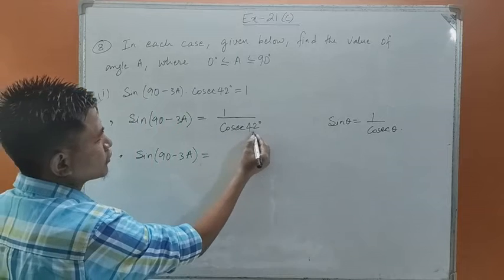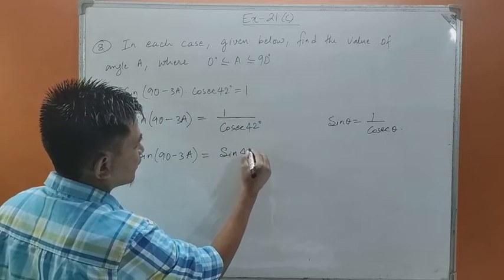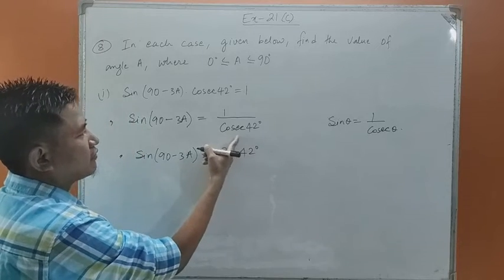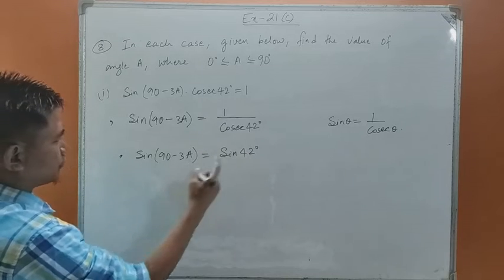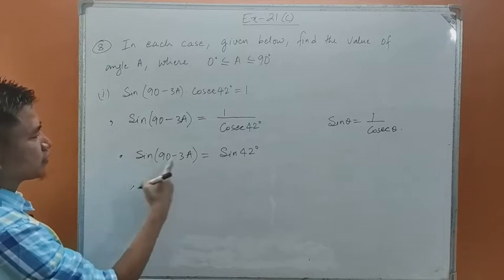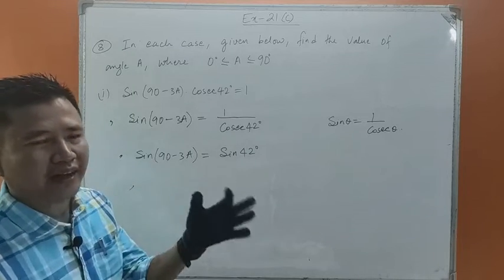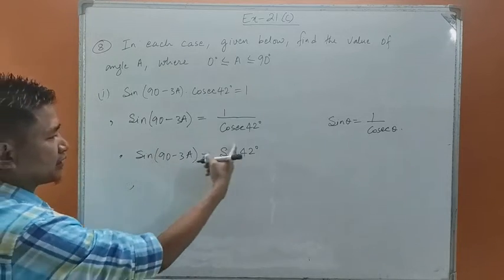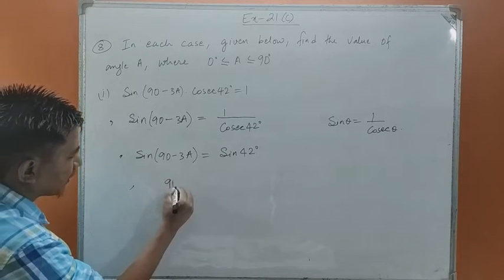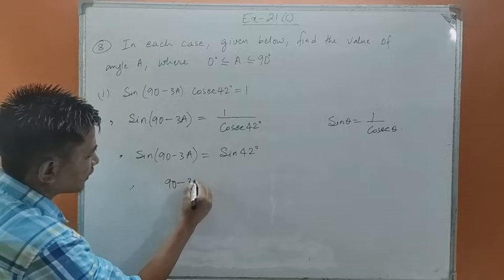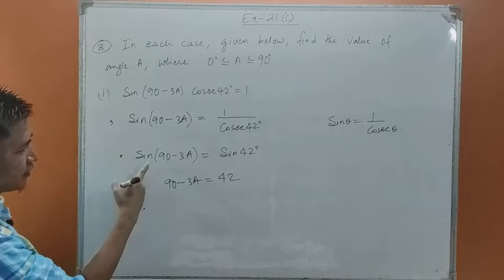Here cosec 42, taken to the numerator, becomes sin 42 degree. Now, we cannot cancel the sin because sin is a trigonometrical identity, so it cannot be cancelled. Leaving sin from both the sides, we have 90 minus 3A equals 42, isn't it?